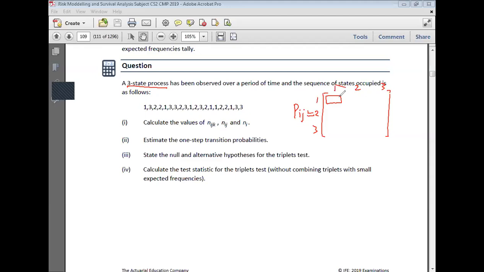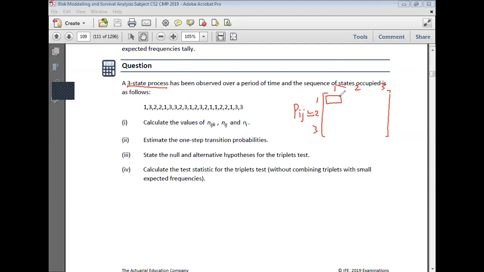Sauri, what do you think? What are we looking at? Are we looking at the times we are in state 1? No, right? We are looking at the times we go out of state 1, right? So we'll have to look at for how many times we make a transition out of state 1.